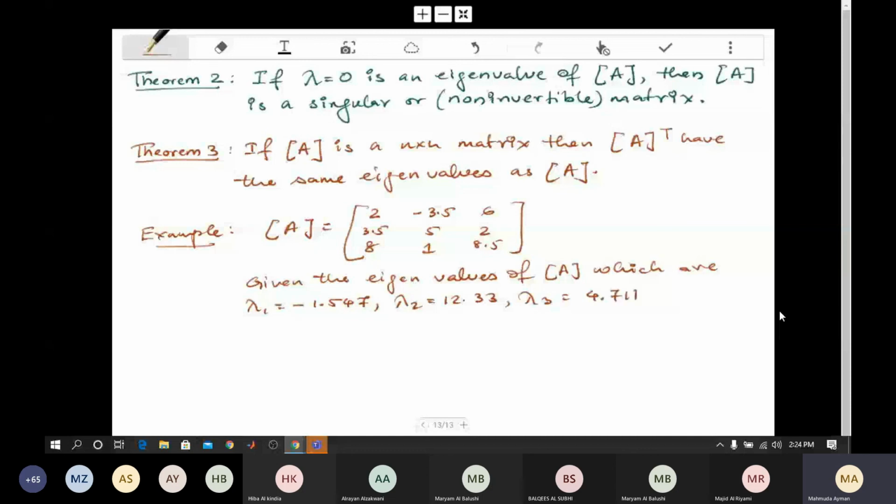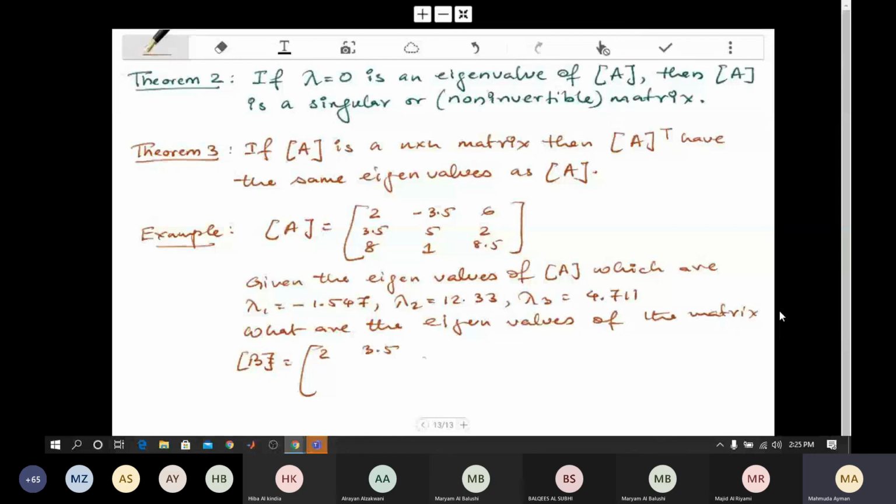And what are the eigenvalues of the matrix B, which is 2, 3.5, 8, minus 3.5, 5, 1, 6, 2, 8.5?